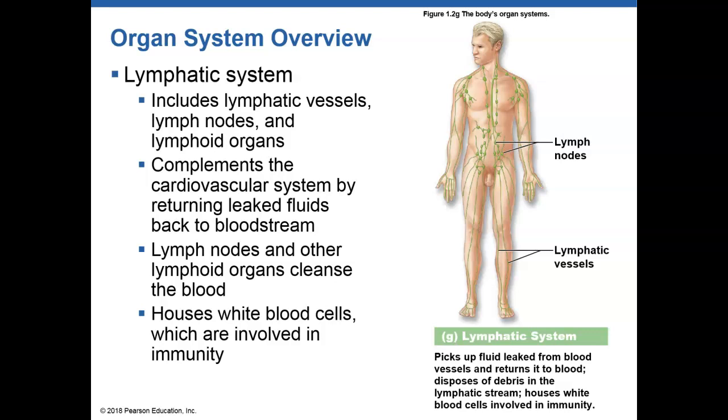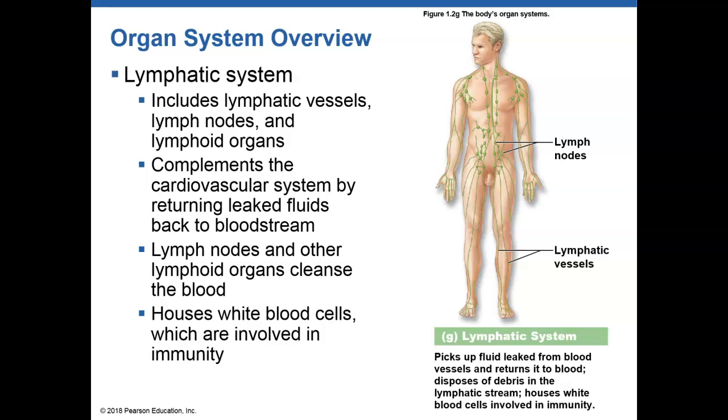They function to house your white blood cells associated with immunity, your B and T lymphocytes, as well as some other white blood cells like macrophages, and allow them to interact with potential pathogens so that they can then elicit an immune response.